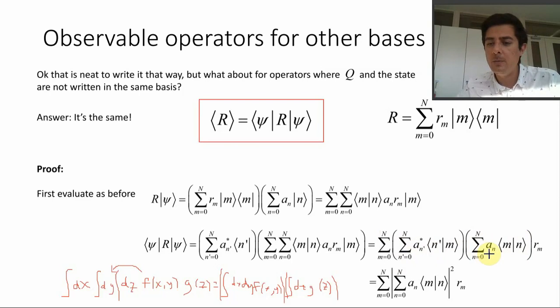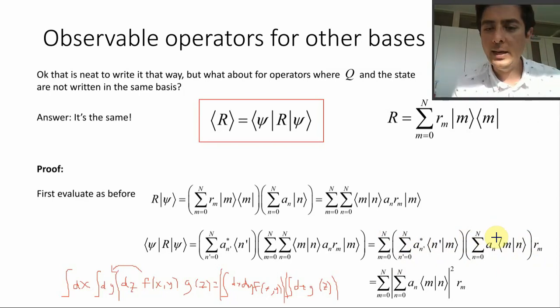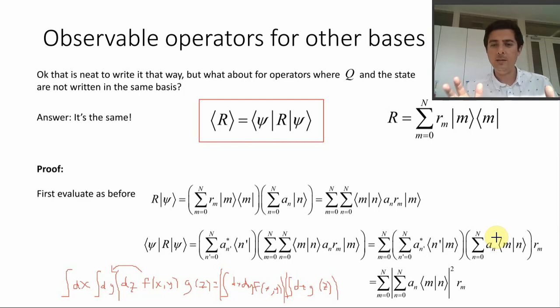This one, the sum over n, is only dependent on the sum over n. And this thing is not dependent on n or n prime at all. So actually, this can go outside the bracket. So I've just reshuffled these things in such a way as to make their dependence on each of these sums clearer.